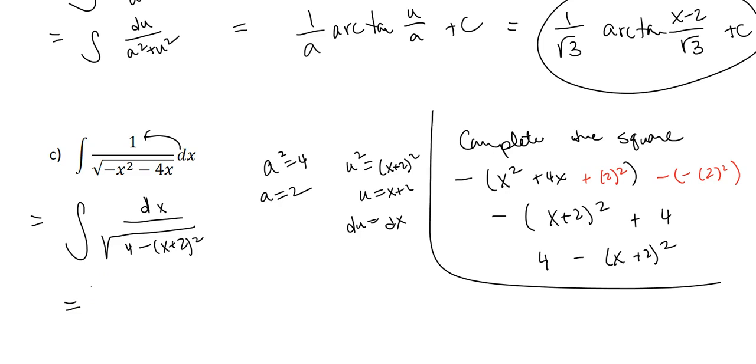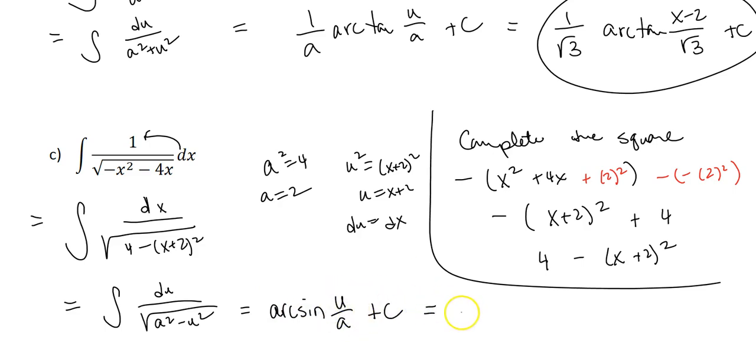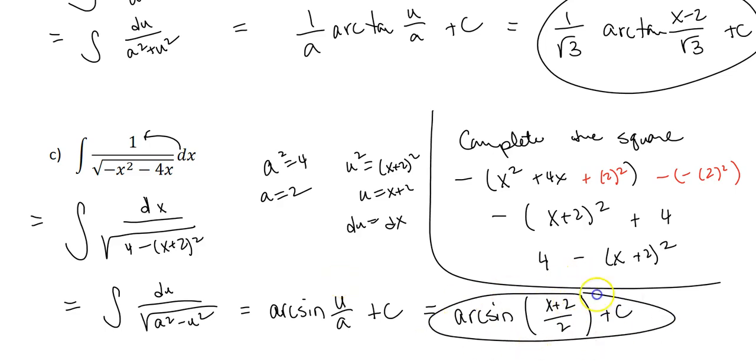So this actually does fit the form that we know, the integral of du divided by the square root of a squared minus u squared, which is the arc sine of u over a plus c, which is the arc sine of x plus 2 over 2 plus c, because that's my u and my a. So there can be some very surprising integrals that end up being inverse trigonometric functions.